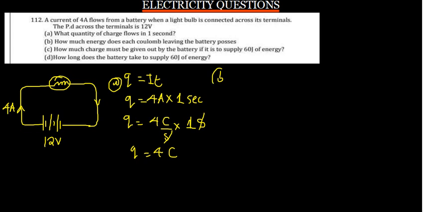And then for question B: how much energy does each coulomb leaving the battery possess? Each coulomb leaving the battery. So energy is actually charge multiplied by voltage. So this will be charge. They've said each charge. What does each mean?